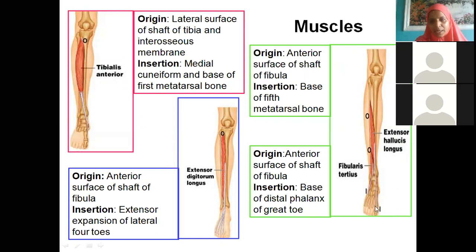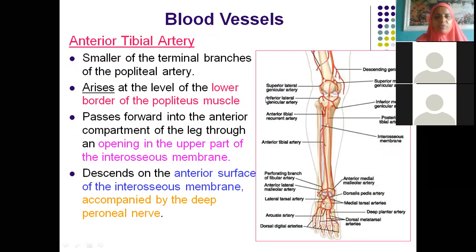Peroneus tertius, the last muscle, also arises from the shaft of the fibula and inserts on the base of the 5th metatarsal bone. So this one is peroneus tertius and this one is extensor hallucis longus. Like that we have 4 muscles.